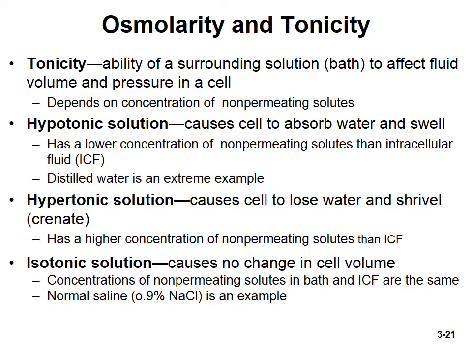However, in the intracellular fluid, you're going to have 90% water and 10% sodium chloride. Inside, 90% water, outside 10% water. Water is going to move from the intracellular fluid, from an area of high concentration, across the membrane of your red blood cells to the extracellular fluid where there's only 10% water, a lower concentration.